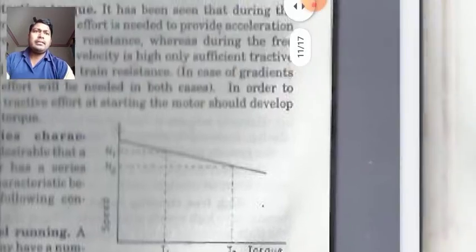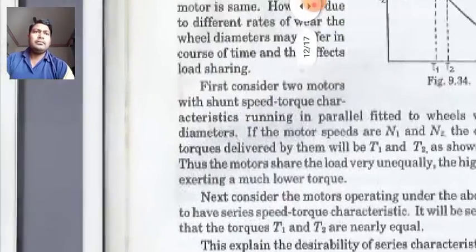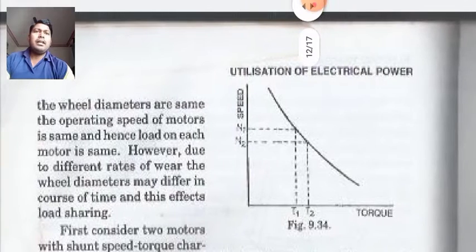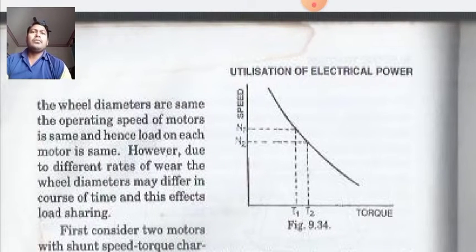As long as the wheel diameters are the same, the operating speed of the motor is the same, and hence the load on each motor is also the same. However, due to different rates of wear, the wheel diameters may differ in course of time, and this affects the load sharing.